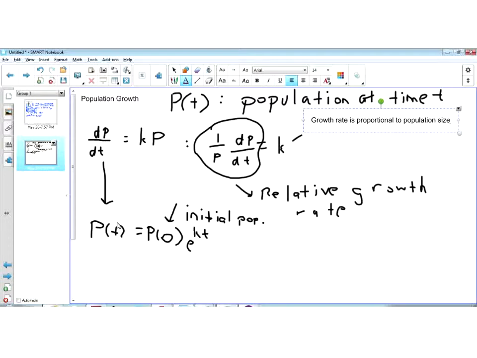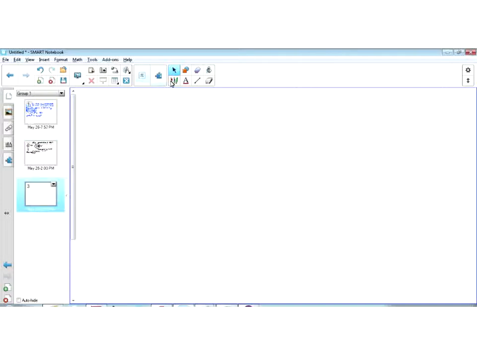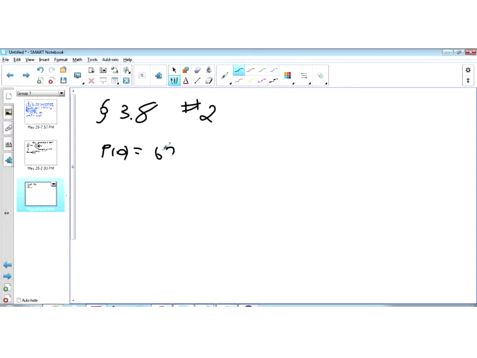So in section 3.8, number 2, we have the initial population at t equals 0 is equal to 60.